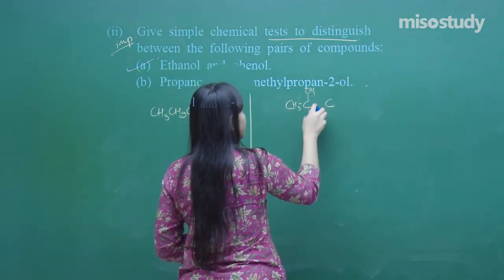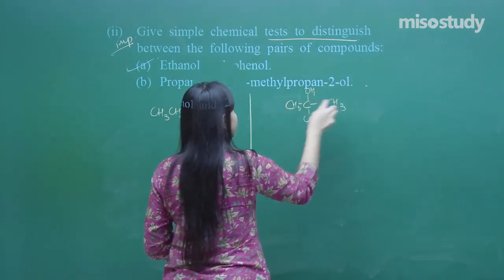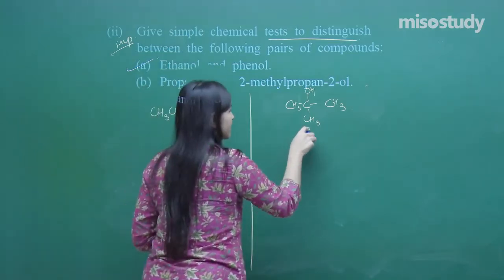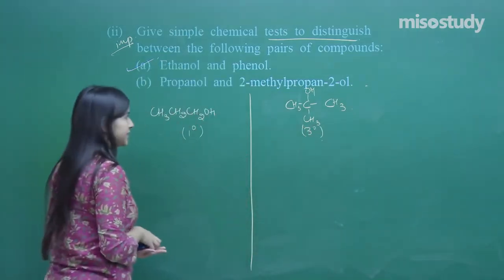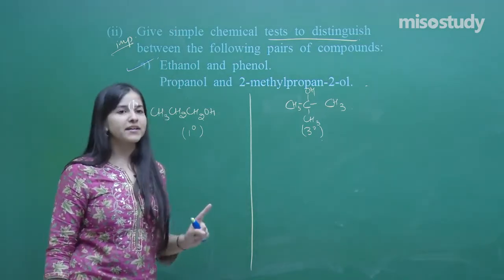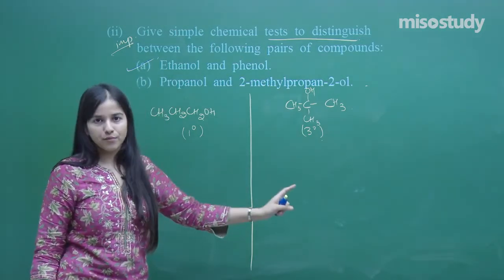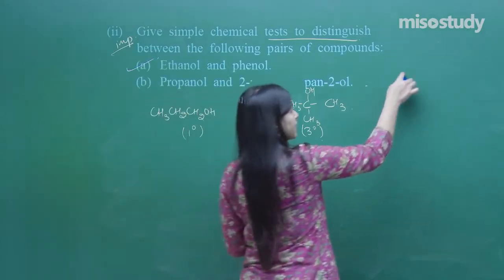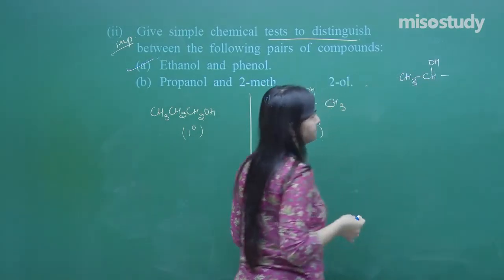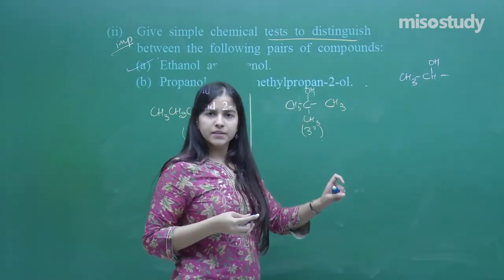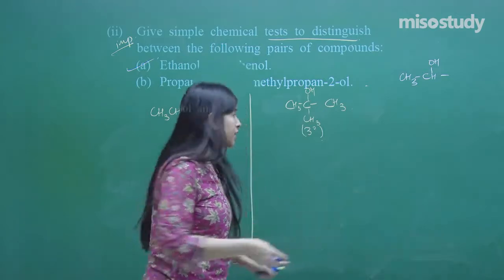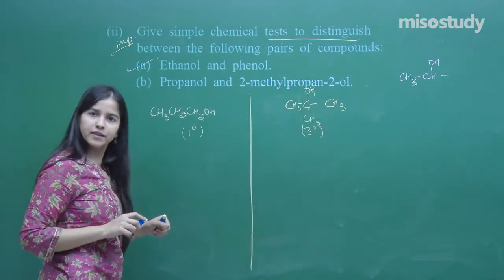That is a tertiary butyl alcohol in fact. So one is primary, one is tertiary. Let me make it clear, none of them will give the iodoform. Iodoform is given by an alcohol something like this, which needs a hydrogen attached to the carbon bearing the OH, which is not there. So it will not give, it will also not give.